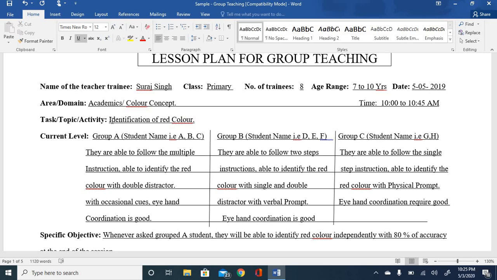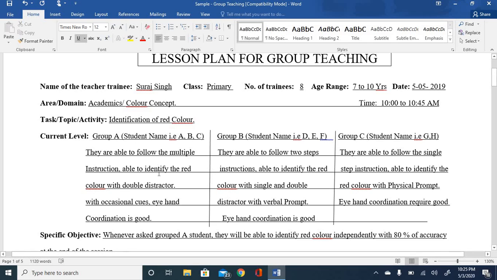So likewise, you will get 10, 15 steps. Once you have written those steps, you can make the child do them. Let us say if the child does from number 1 to number 3, that becomes the current level, and from number 4 you are going to teach.